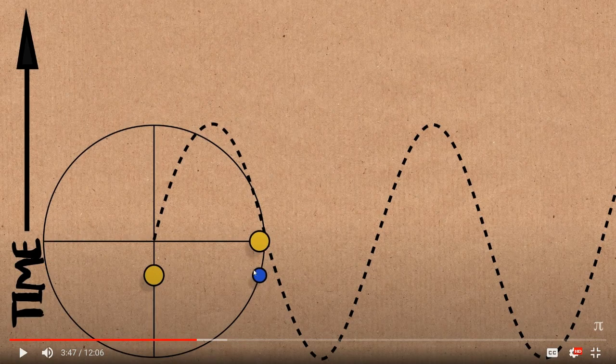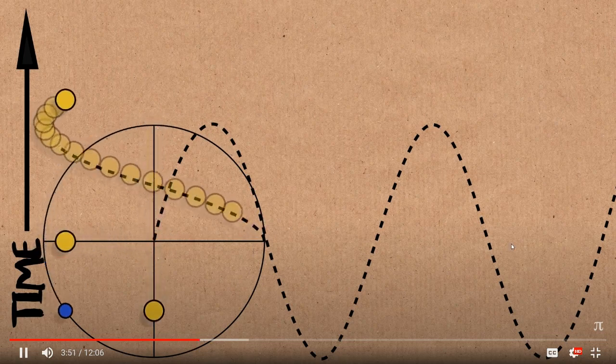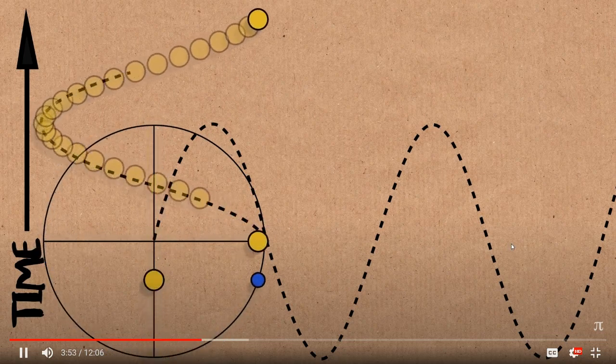So you see as the ball's moving, right? So right now, the blue ball is here. So this yellow ball, this is my vertical movement, and the yellow ball is in line with it. And here's my horizontal movement. So this yellow ball is in line with the blue ball, right? So this is the horizontal movement.